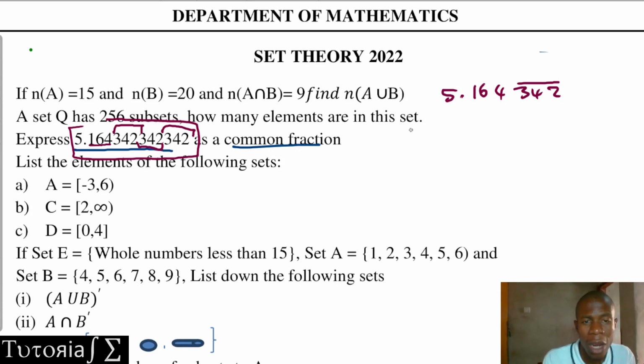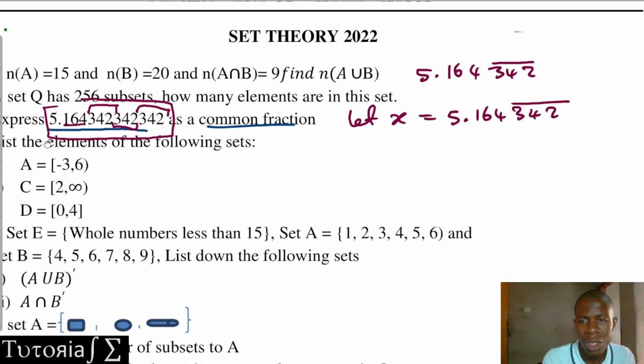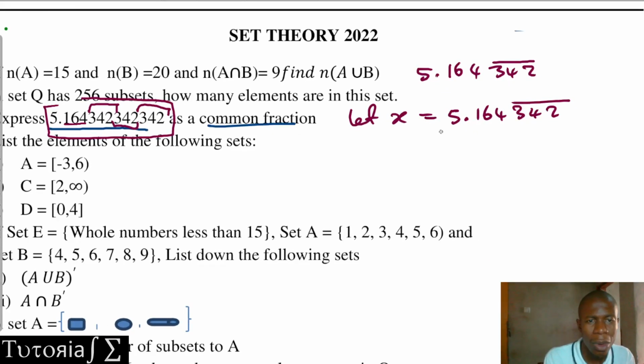Now what we have to do is let x equal the number that we've been given, which is 5.164, then 342, the part that is repeating. Then we want to make sure that the decimal point comes just before the number starts repeating.